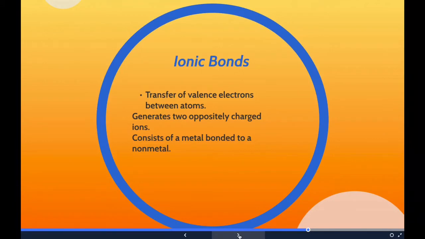In ionic bonding, more than one electron can be donated or received to satisfy the octet rule. The charges of the anion and cation correspond to the number of electrons donated or received. In ionic bonds, the net charge of the compound must be zero.